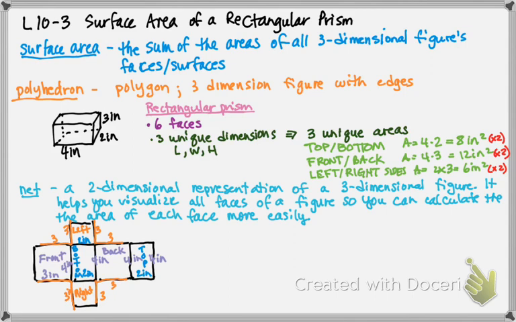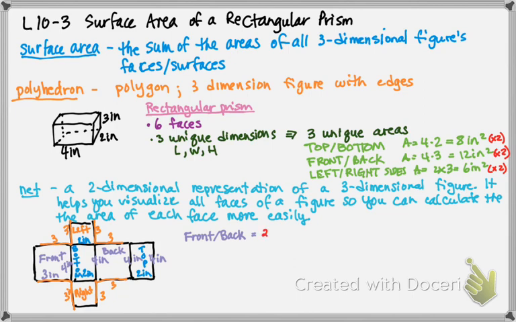So when I figure out the area, just like I did before, I talked about the top and the bottom, the front and the back, the side and the side, left side and right side. And you can see how this looks. Okay, you can see what the net allows me to do. So a lot of people just go ahead and calculate area from the net. So they look at the front and the back. So there's going to be 2 of them.